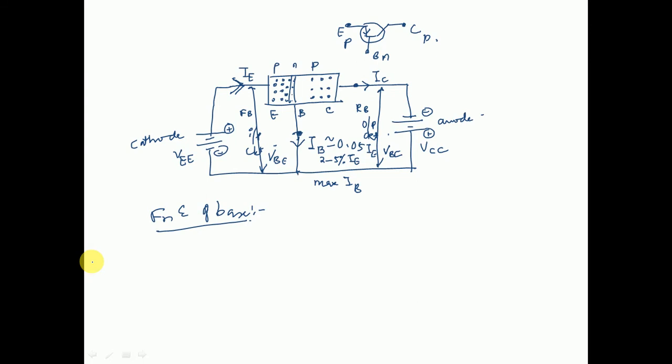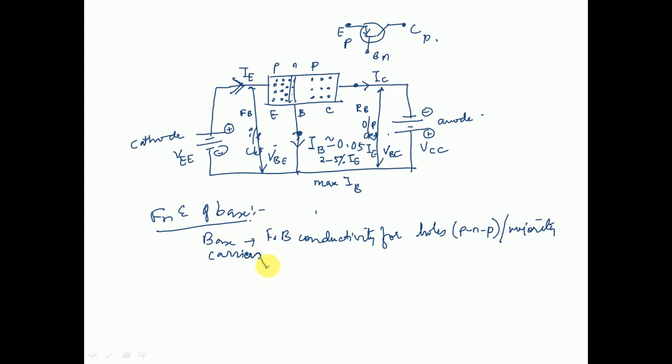Base is providing a forward biased conductivity for holes, in this case where it is a PNP transistor, holes are majority carriers, please write down, to pass through the base and reach the collector.